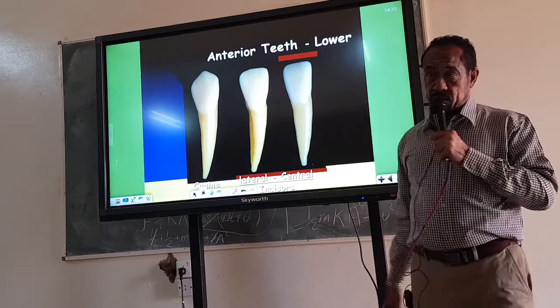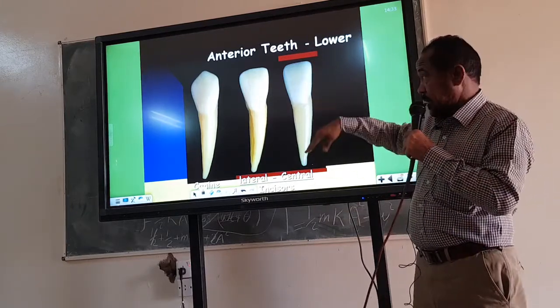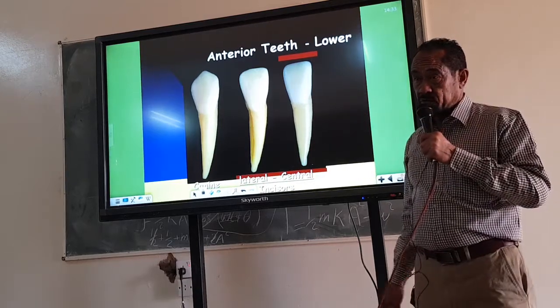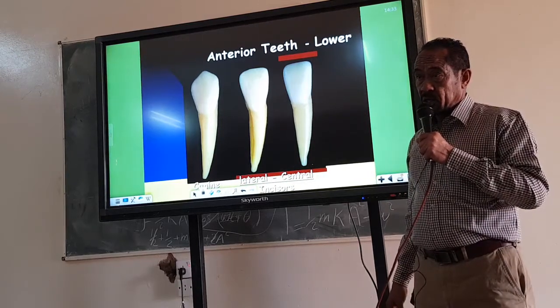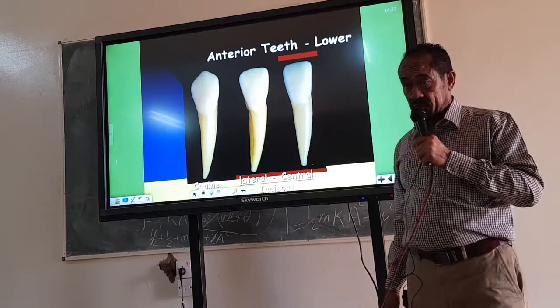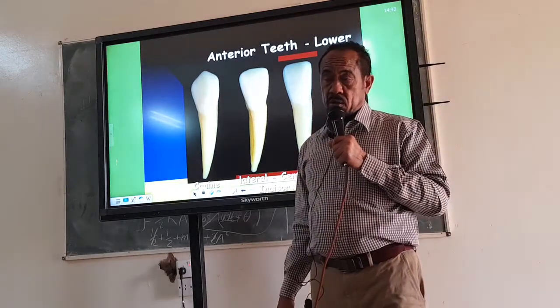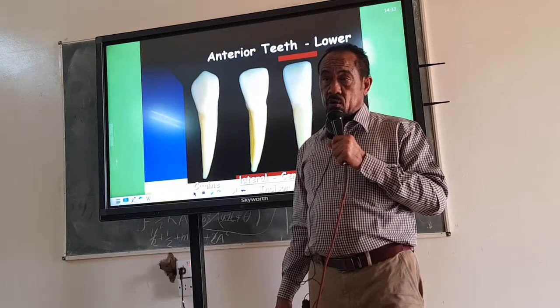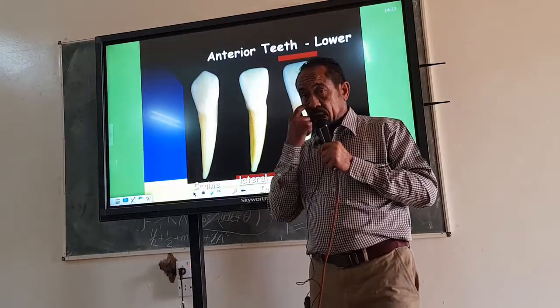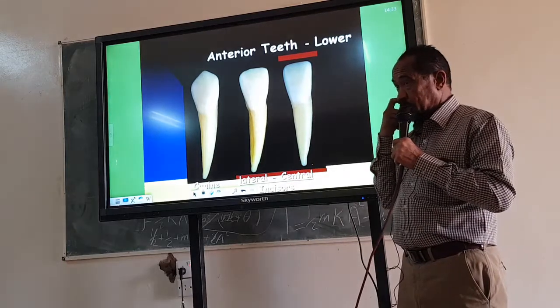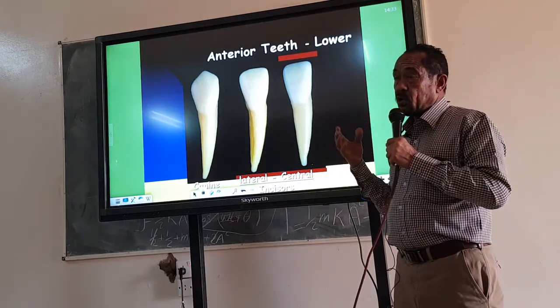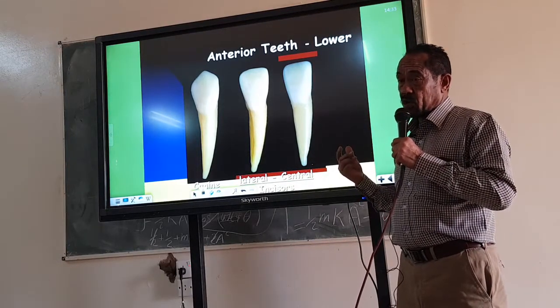Smaller than the maxillary, smooth. The central is smaller than the lateral, the lingual fossa is shallow, the cingulum is low, no marginal ridges. These are special features for the mandibular incisor, and then you come to describe each alone.